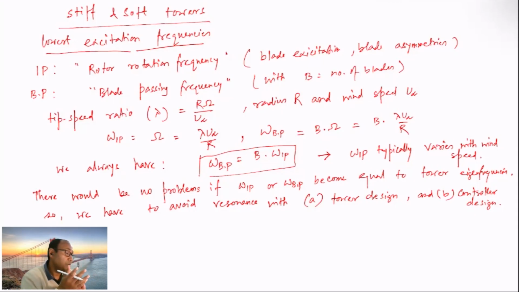So these are typical constraints while doing the structural design. And if resonance occurs, which is always a possibility, there could be catastrophic failure of the whole unit.